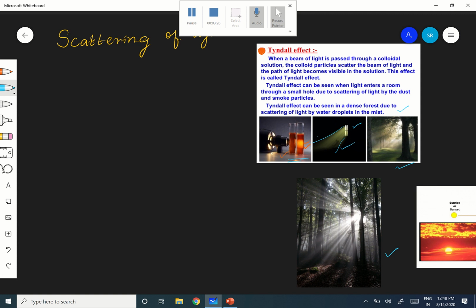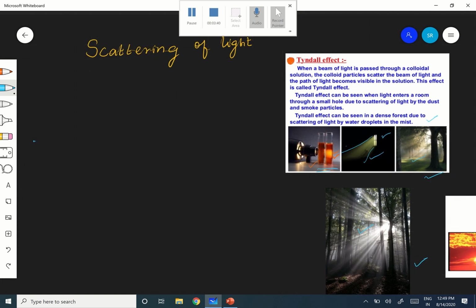These water droplets act as scatterers, and because of that, the light gets scattered in different directions. So these are all very important examples in day-to-day life of the Tyndall effect.